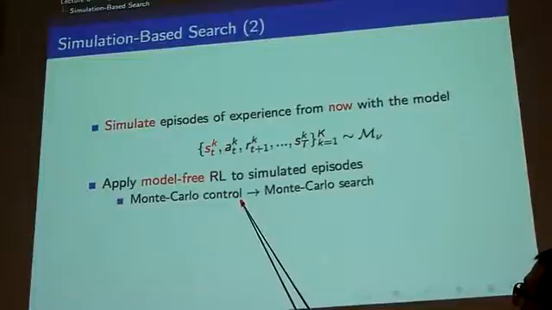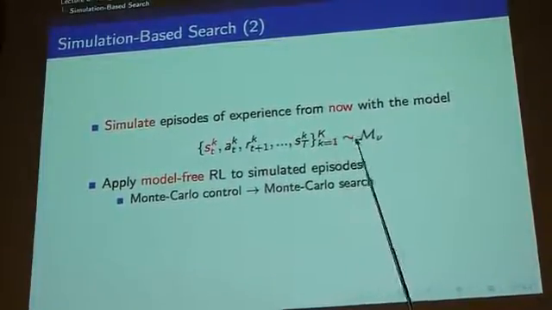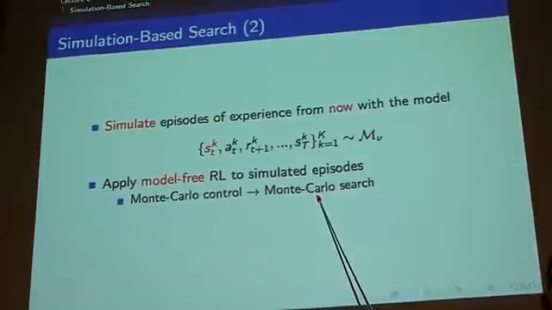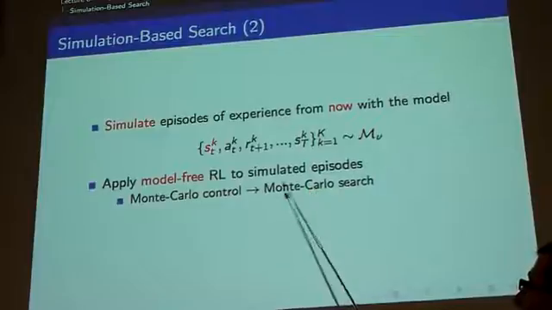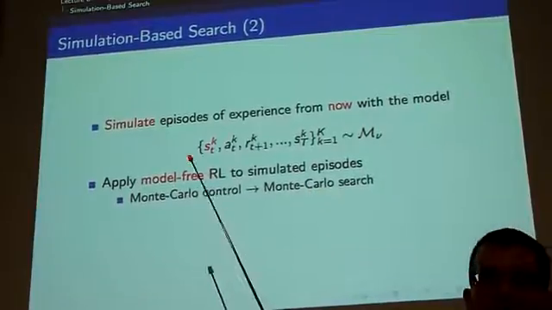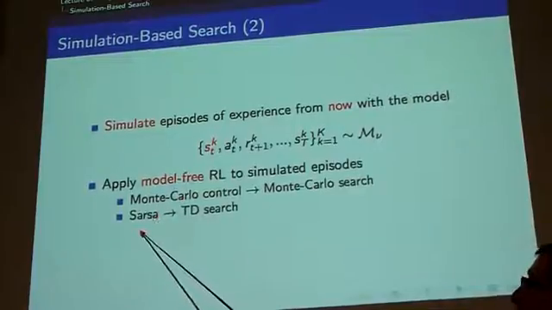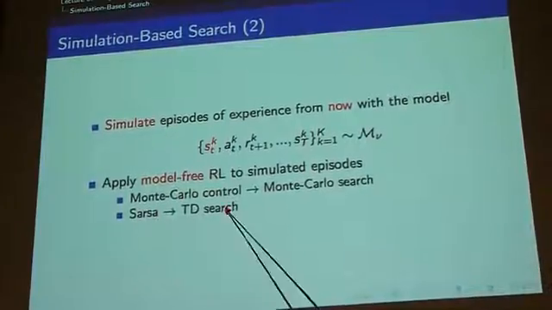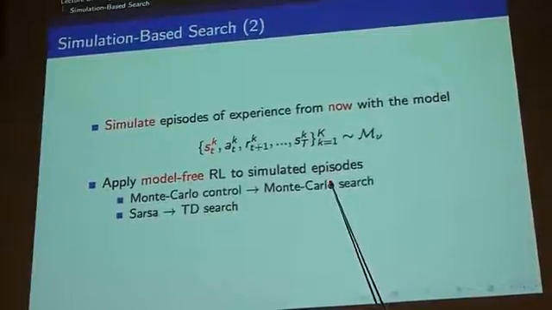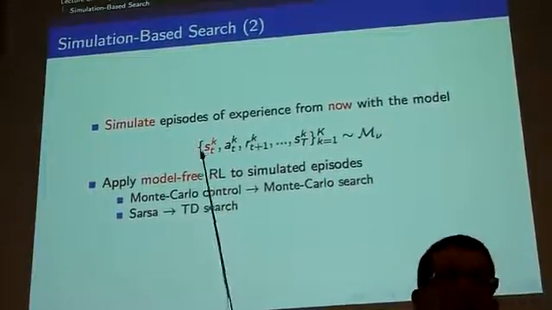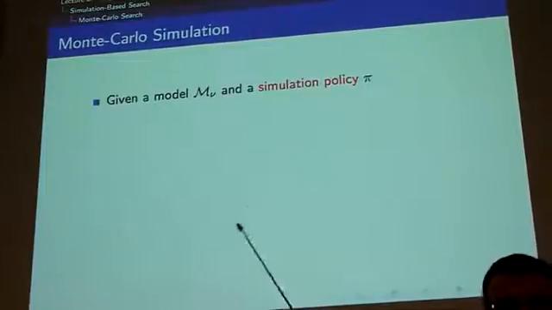If Monte Carlo control is applied to these simulations starting from now, we call it Monte Carlo search. That's the forward search algorithm based on simulation-based search that uses Monte Carlo control. If we apply a TD learning algorithm, such as Sarsa, the TD control method, then we call this TD search. Monte Carlo search, MC search, TD search. Okay. We're going to look at both of those now.